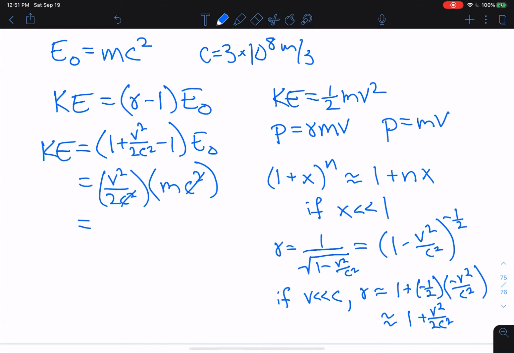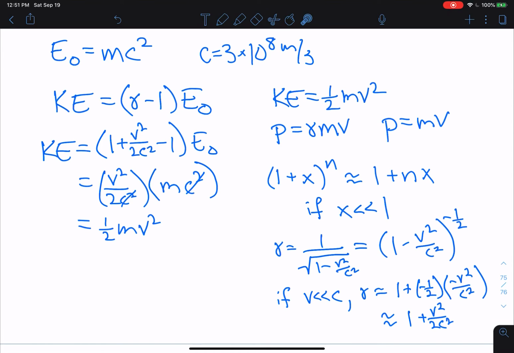I'm left with mv squared over 2, or in other words, 1/2 mv squared. So what I've shown here is that for low speeds, so v much less than c, so non-relativistic speeds, this term that Einstein came up with reduces down to the classical form.